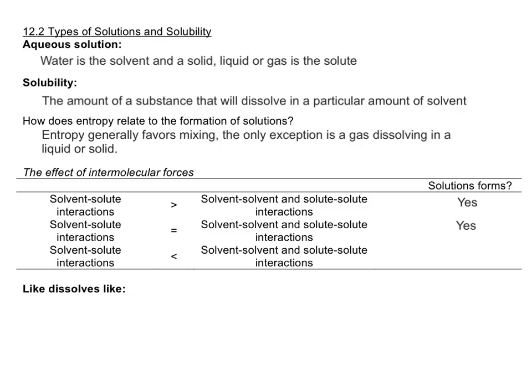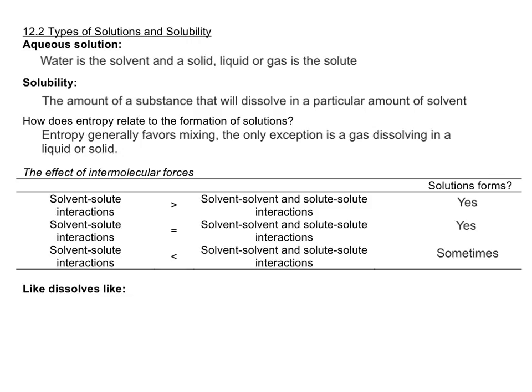So if the two types of intermolecular forces are pretty much equal, then we usually get a solution to form. And if the solvent-solute interactions are weaker than what you have in the solvent or in the solute alone, then sometimes you can get a solution because we have that entropy component, but not always. So it really depends on the conditions in that case.